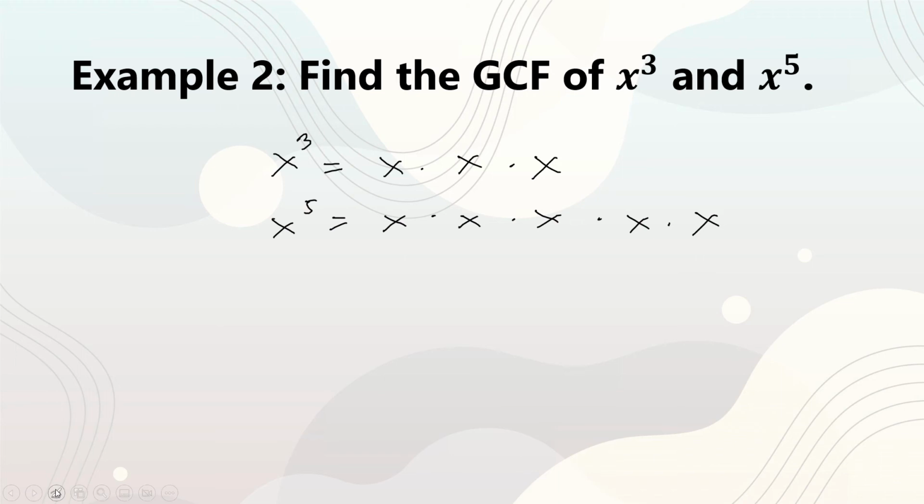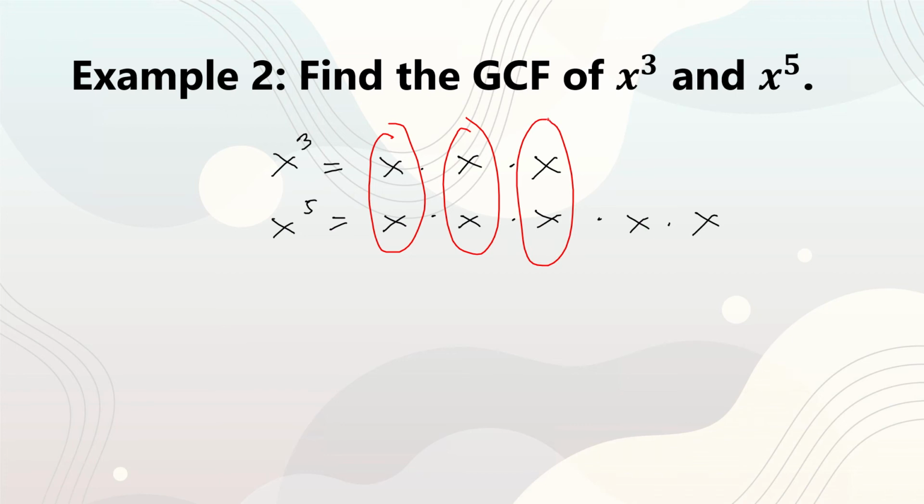You take the common factors. It's one x, then another x, then another x as well. Then we just bring that down. There are 3 x's, and we multiply them, so x times x times x. Okay, common mistake.